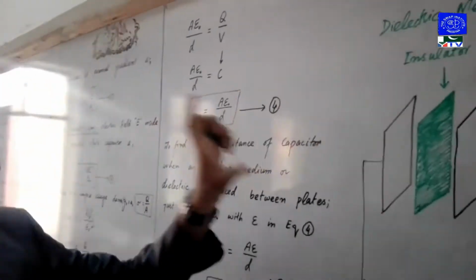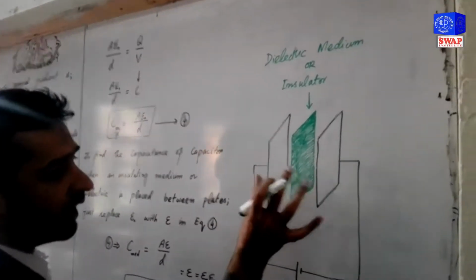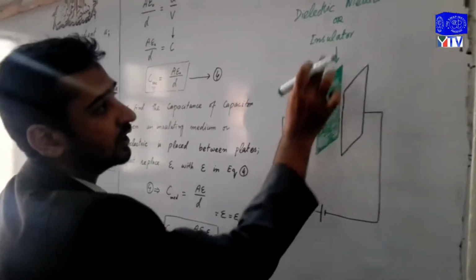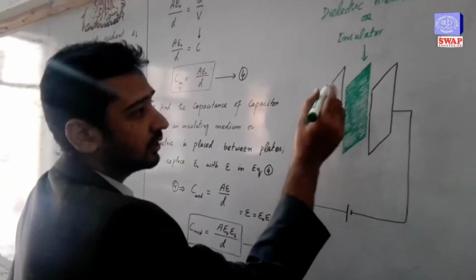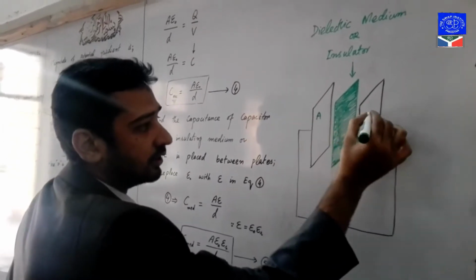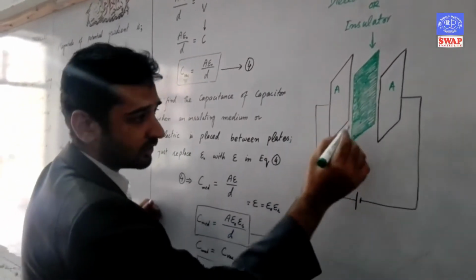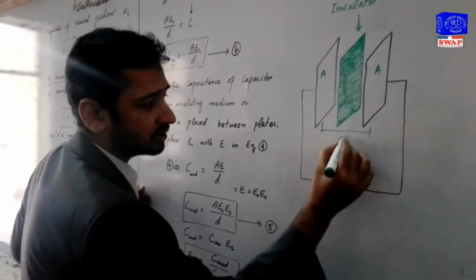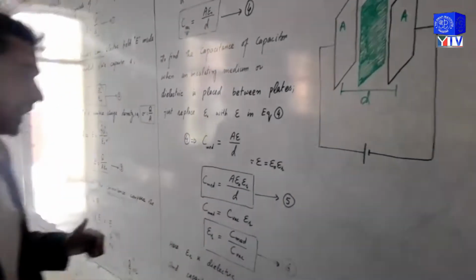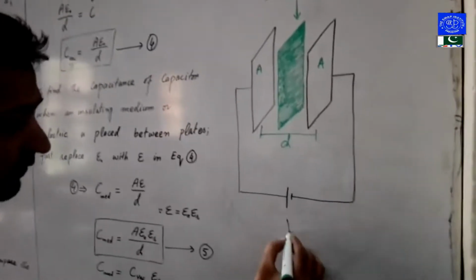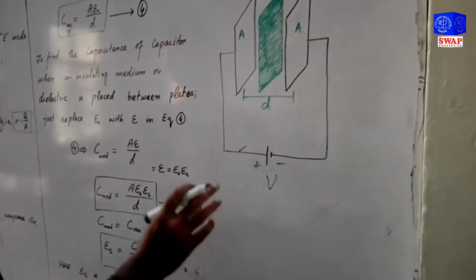Now we need to find the other capacitance when a medium, insulators or dielectric medium, is placed between the plates of the same capacitor, having cross-sectional area A and separation between two plates D, like this circuit. Just putting the dielectric medium here, we get this figure, with V positive and negative and a switch.